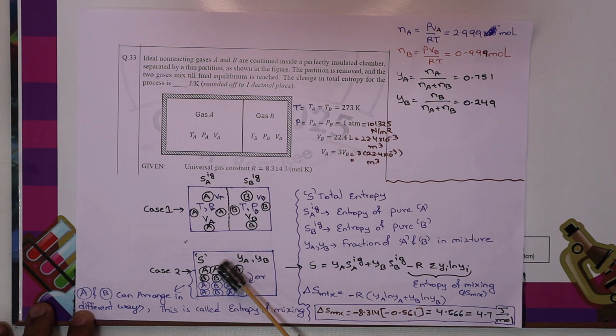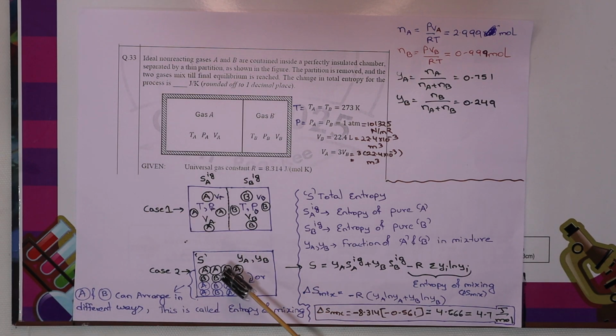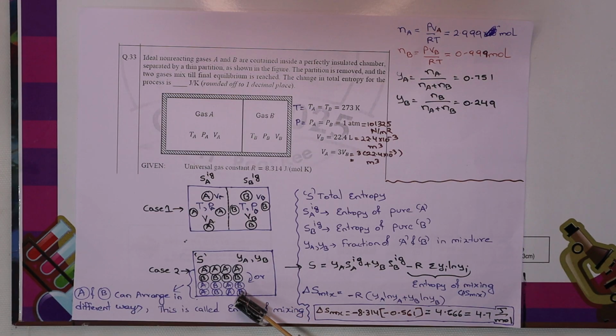If both gases are mixing, you are supposed to calculate the entropy of mixing, because after mixing, the fraction of A in the mixture is Ya, and the fraction of B in the mixture is Yb. So, let us find out.